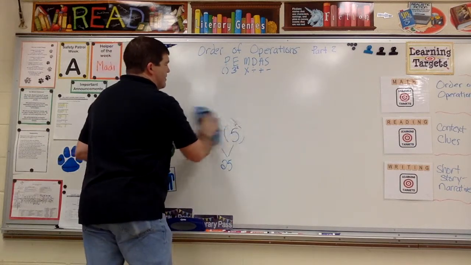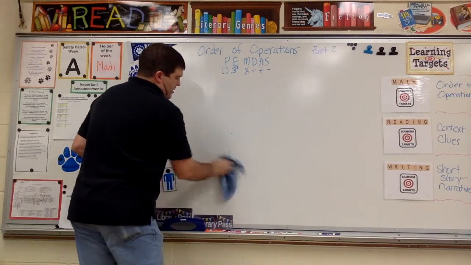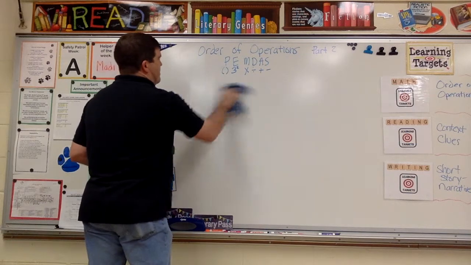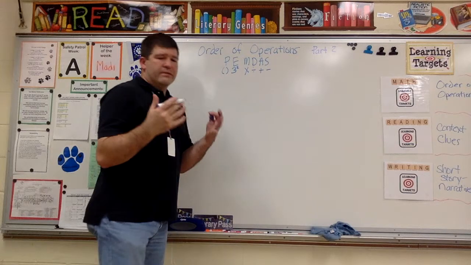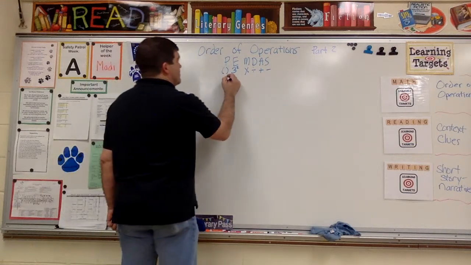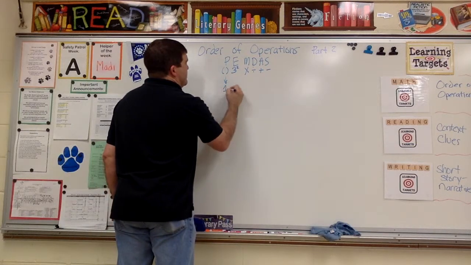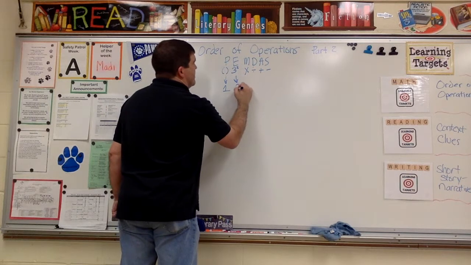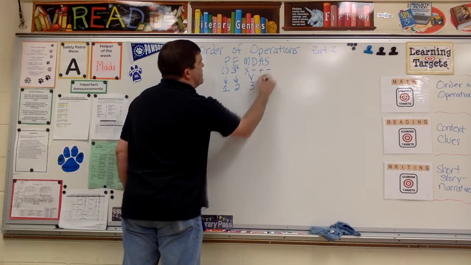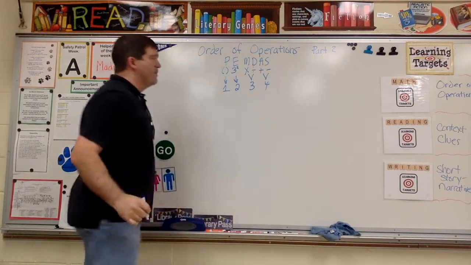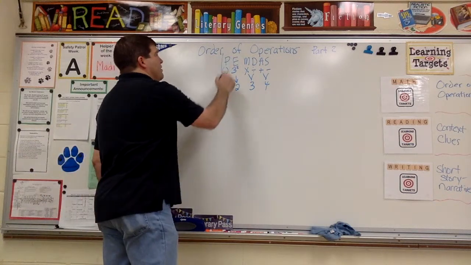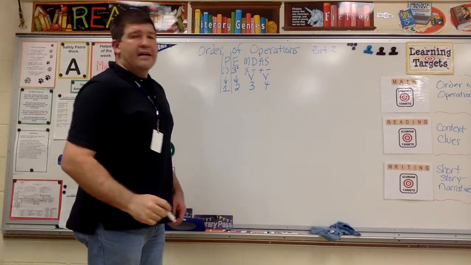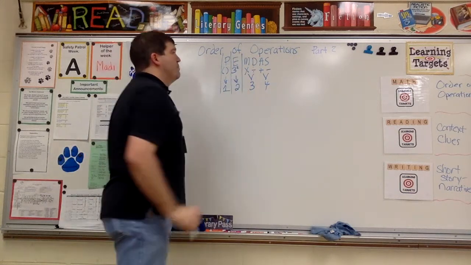Okay, the other thing I want to talk to you about is what you do. There's kind of 4 steps. So this right here is the first step. That's the second step. That's the third, and that's the fourth. So the first step is always dealing with the parentheses. The second step is always dealing with the exponents.